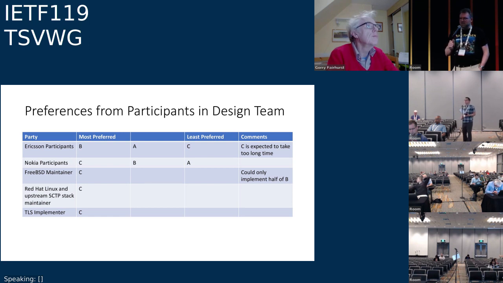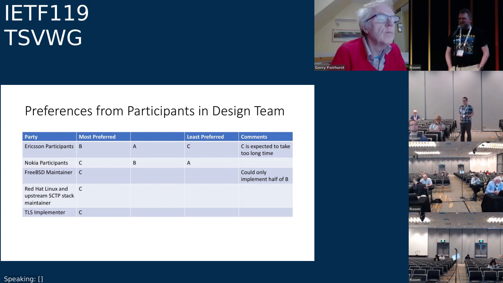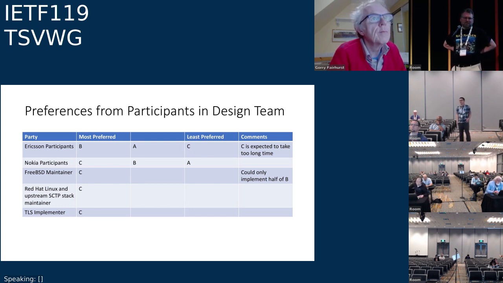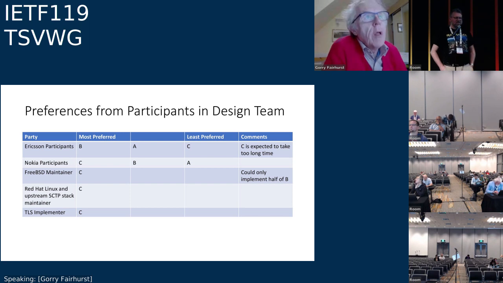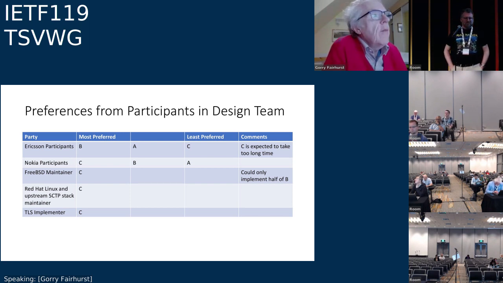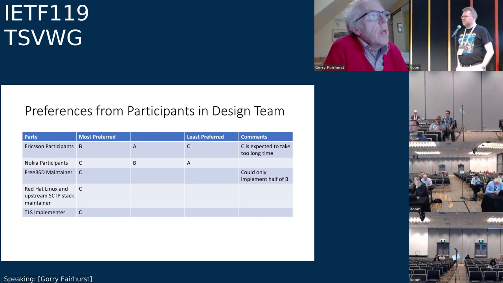Martin? So, is anyone actually going to speak up for A as their preferred choice? It doesn't seem like that. Okay, so I think it's between B and C. There's a question to you, but also the room. It doesn't seem like anyone is jumping up and screaming for A, so that makes it easier. Go ahead, Gory. I just wanted to call that one out, Martin, and ask if anyone now thinks that A is a sensible thing to have on the table.